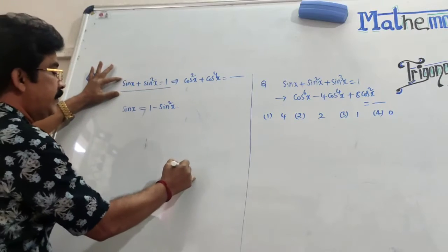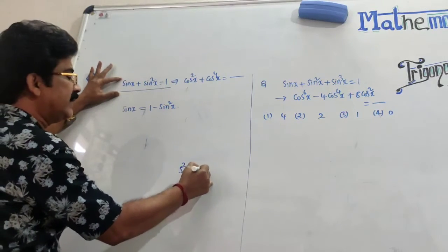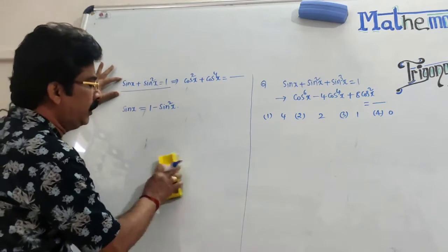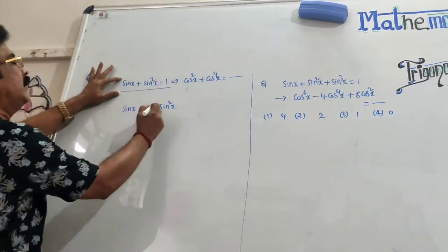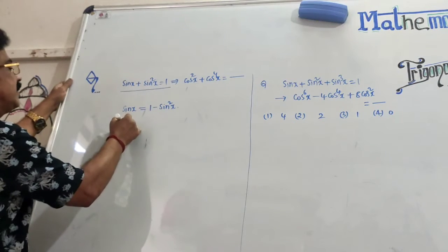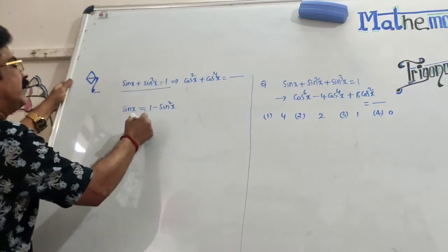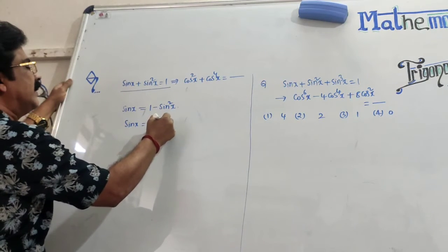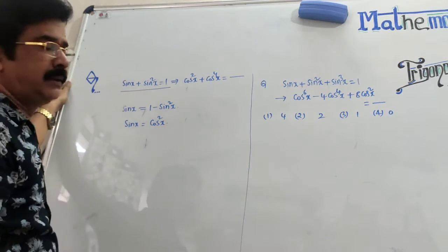If we write sin square equal to 1 minus sin, we cannot do anything. This is a waste step. Therefore, write sin x equal to 1 minus sin square x, which is cos square x. It is a standard formula.